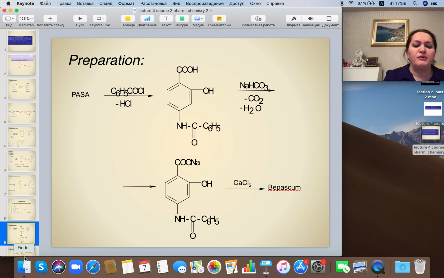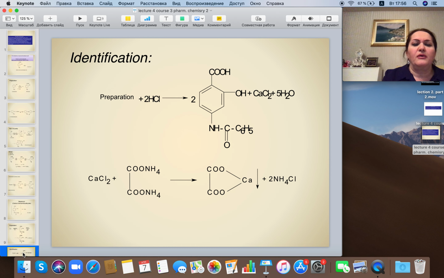When we speak about identification, we must say that when we add hydrochloric acid to this preparation, it forms calcium chloride, and calcium chloride, you know, gives a reaction with ammonium oxalate. At the end of the reaction, we receive a white precipitate.